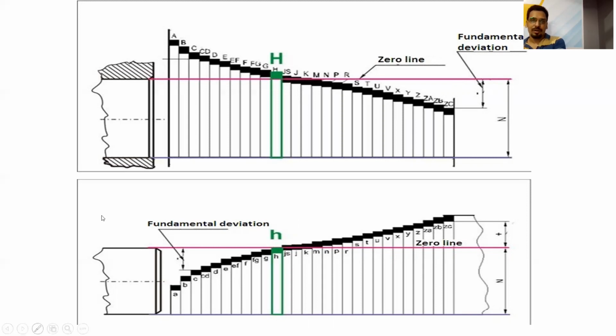So before this small h, this is the fundamental deviation, small a, b, c, d, and the size of the shaft is smaller than the basic size. So you can see that here is the condition of clearance fit before this h and before this capital H. And after this small h, there is the condition of transition fit or interference fit. I think this diagram is clear.